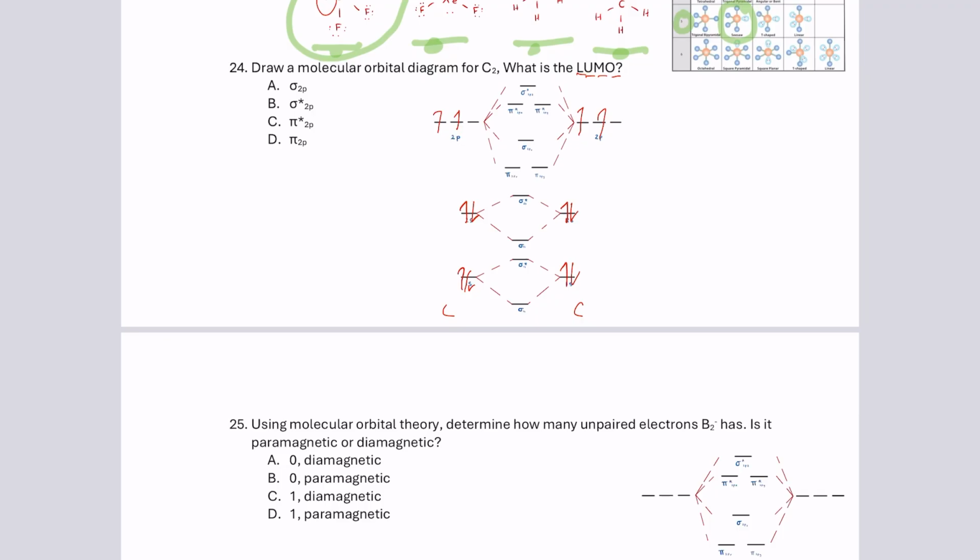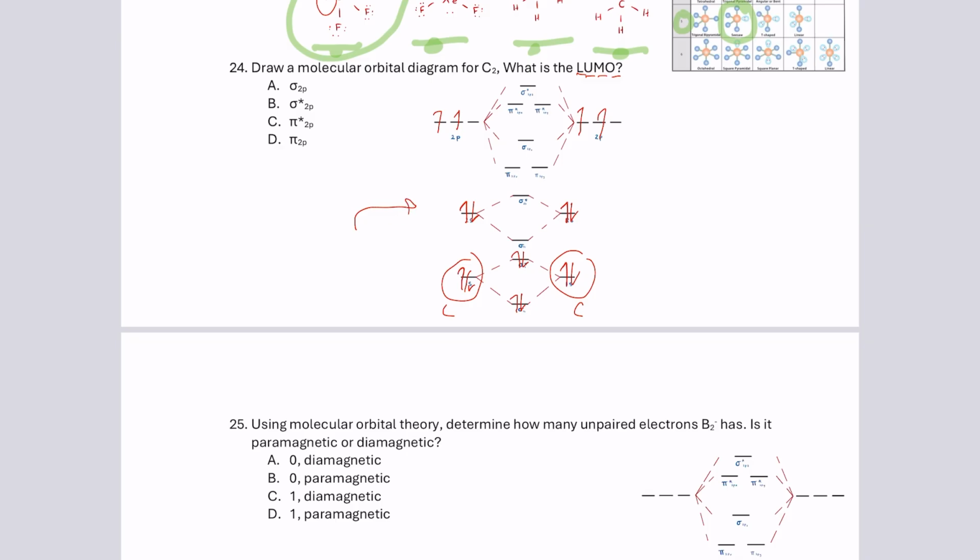We're going to start with the 1s molecular orbitals. Here we have a total of 4 electrons. 2 will be placed in the sigma 1s bonding orbital, and the other 2 in the sigma star 1s anti-bonding orbital. Then we move to 2s.